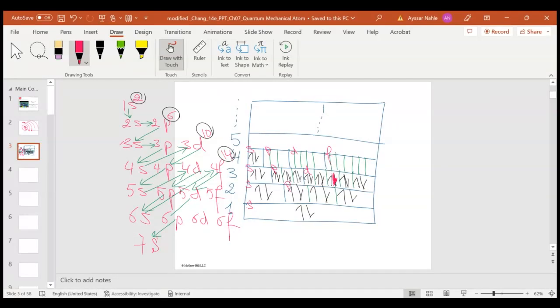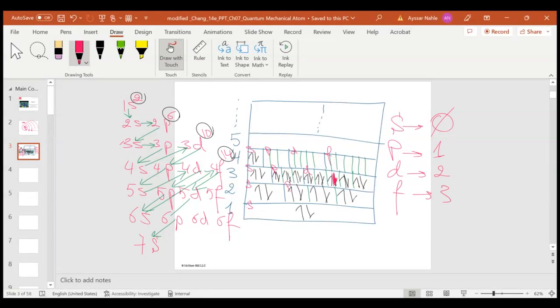Now what we have to do is change everything in the hotel. We have to take the label which says S and put a number instead. The S we're going to change to 0. S, P, D, F, yeah? And P will be how much? 1. D will be 2.